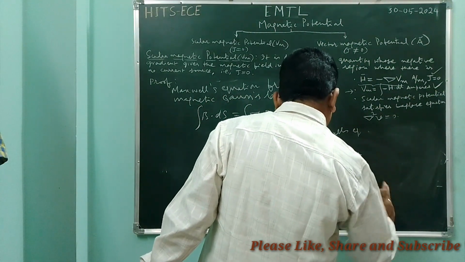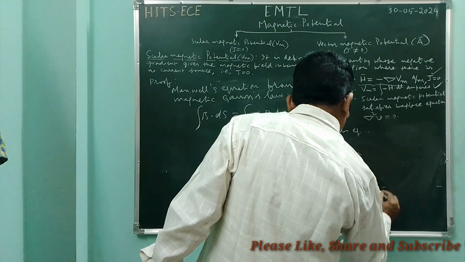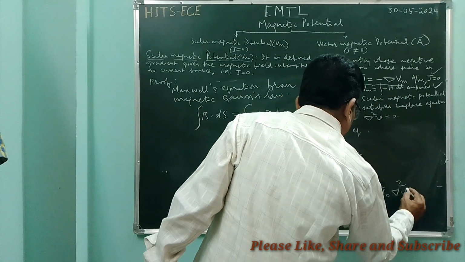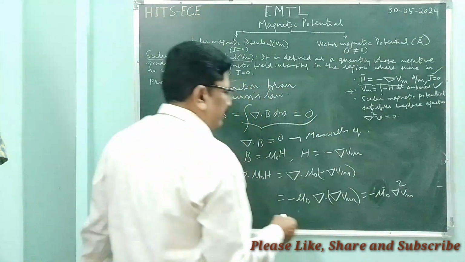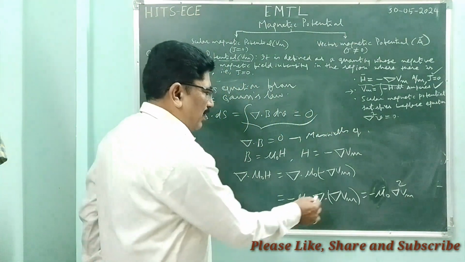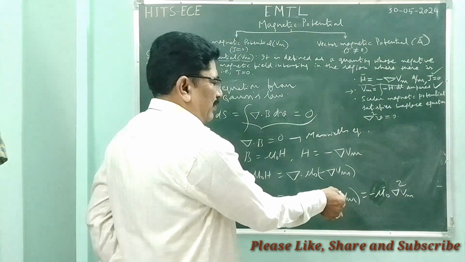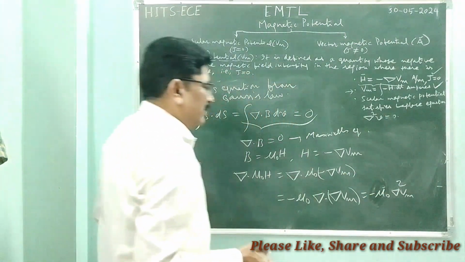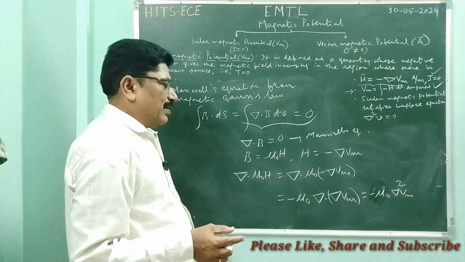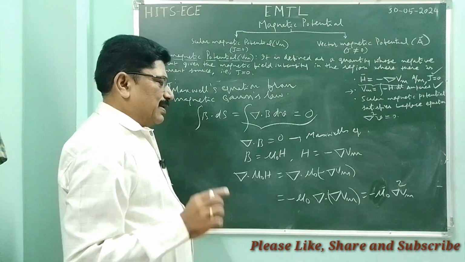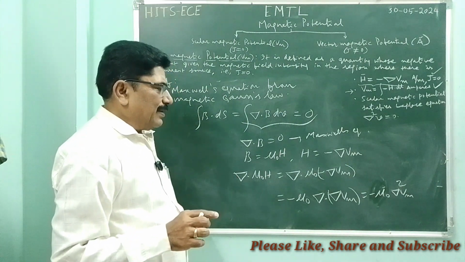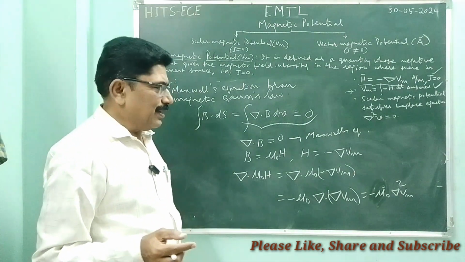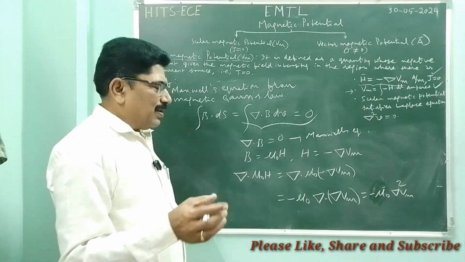Which is equal to minus mu 0 del square Vm. Del dot del Vm is nothing but del square Vm. You can get this by finding the dot product of two del operators, that is del by del x ax cap plus del by del y ay cap plus del by del z az cap, with itself.